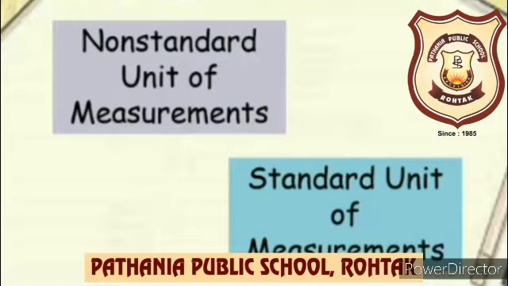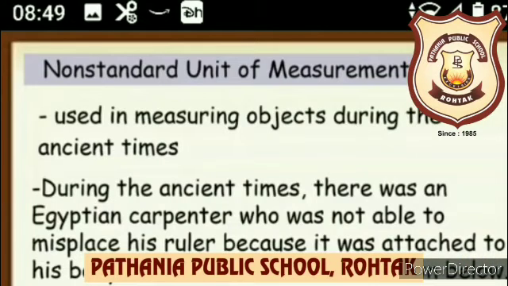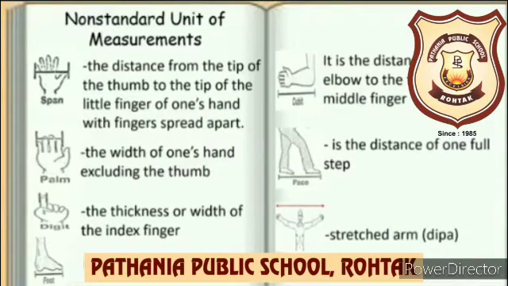Non-standard measurement of length. In early days, people used body parts. In ancient times, non-standard units of measurement were used. They used body parts as a unit to measure length. They used the span, which is the distance from the tip of the thumb to the tip of the little finger of one's hand.